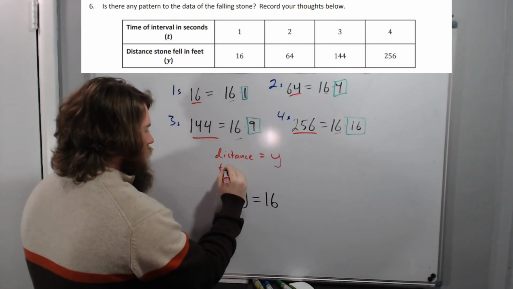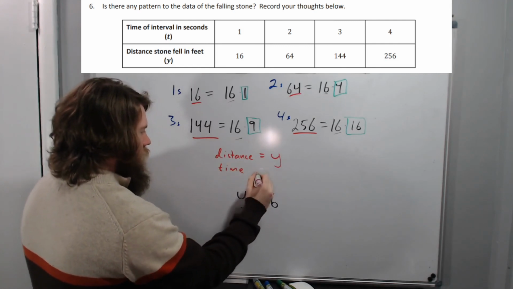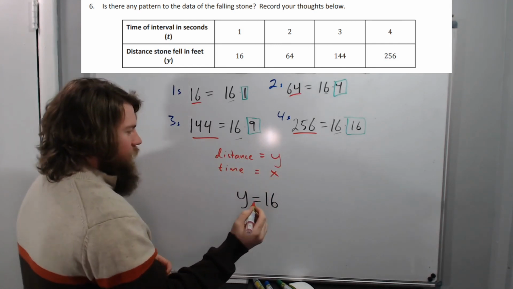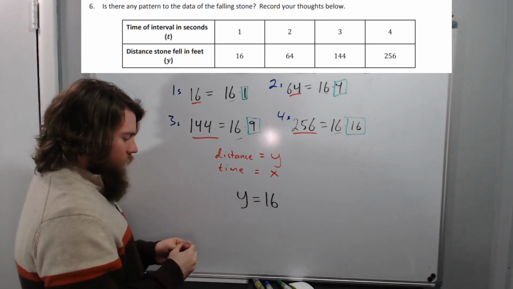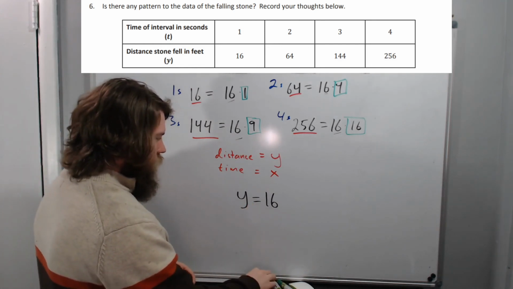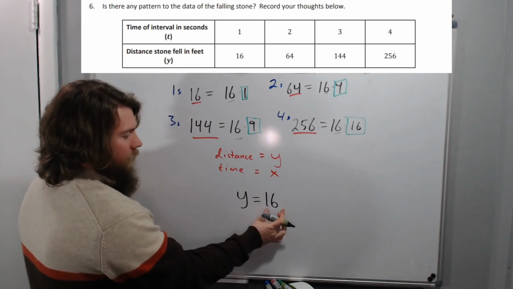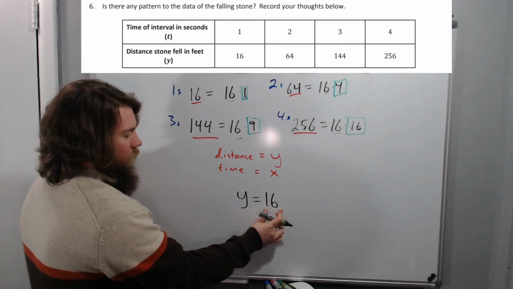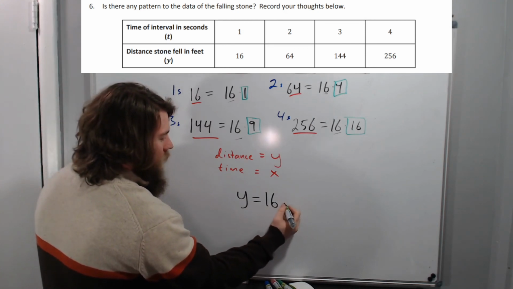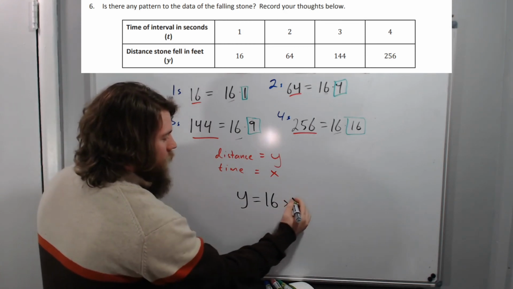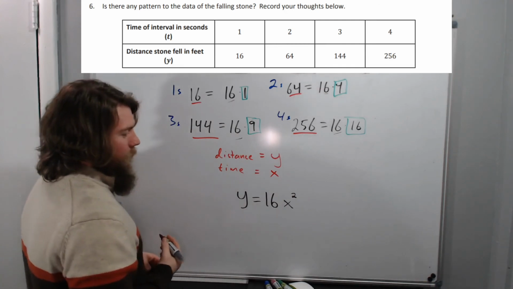Okay, so time, we usually call that x in the ones that we've been working on. So to get our distance, we need to take that factor of 16, and then we need to multiply it by our time, and then we have to square it. Okay?